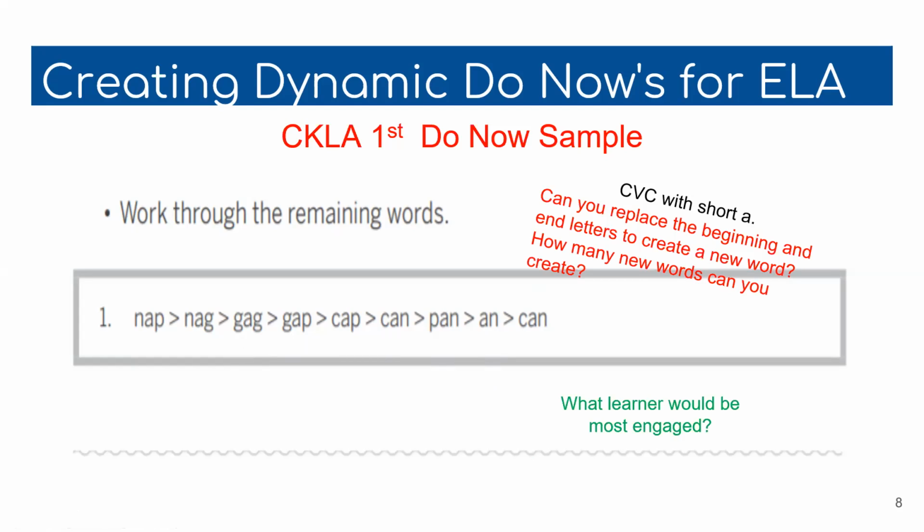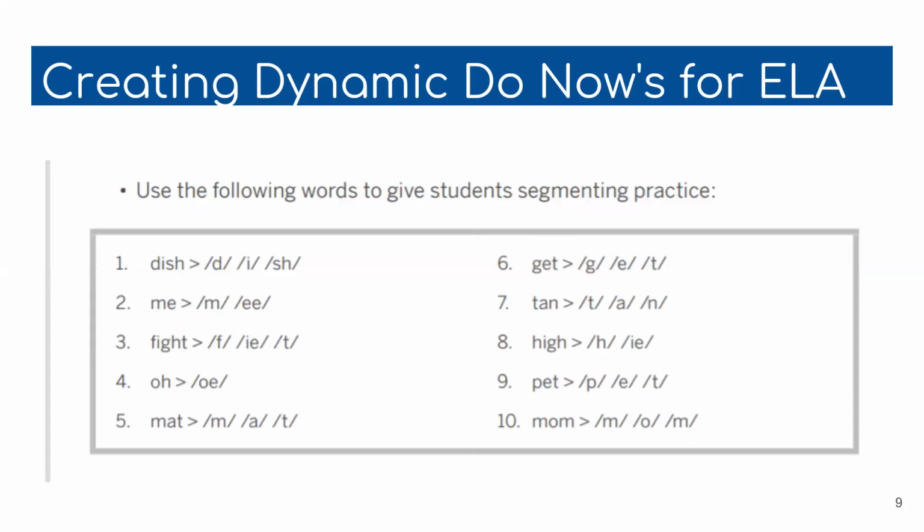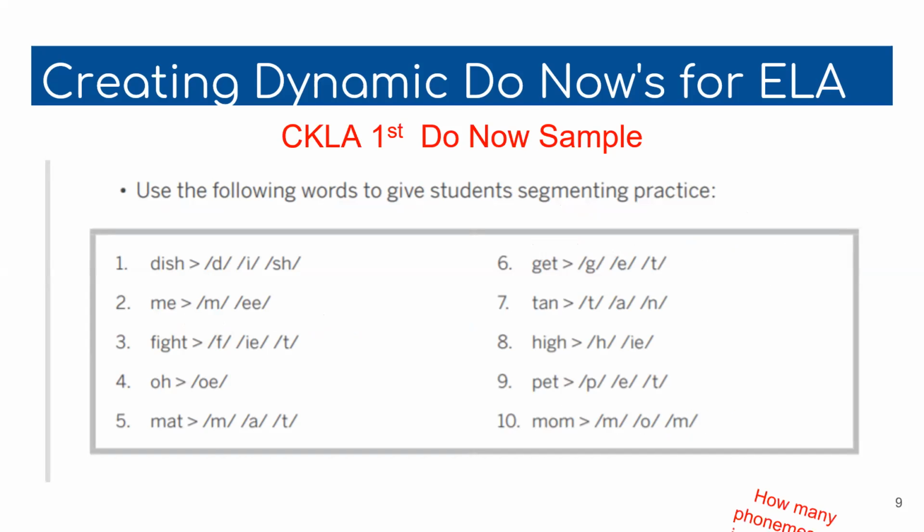Now, what learner would be most engaged from this activity? Write this down. Take note. We'll discuss in PLC. Now, what about CKLA first grade? Part of the directions would be how many phonemes are in each word.